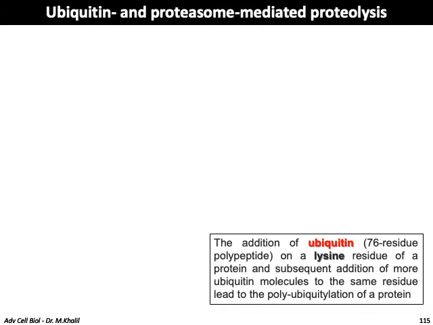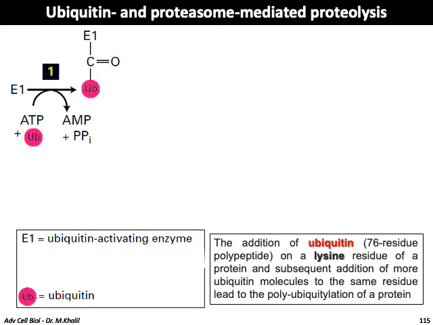We'll take the first modification, which is the ubiquitin and the proteasome-mediated proteolysis. You can see here the process of ubiquitination, which finally leads to polyubiquitination and then proteolysis mediated by the proteasome.